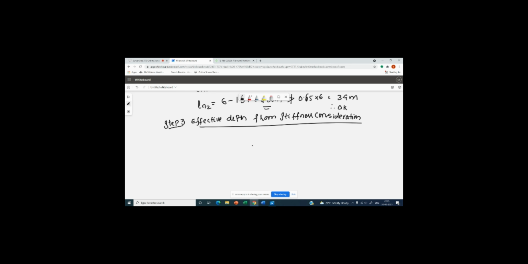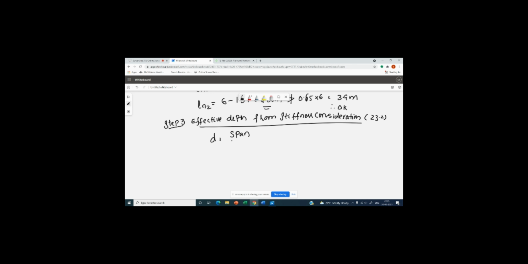That was clause 23.2, which gives us the span by effective depth ratio, using the larger span.